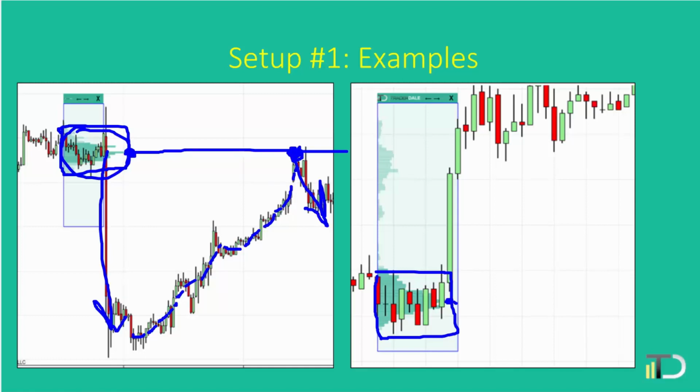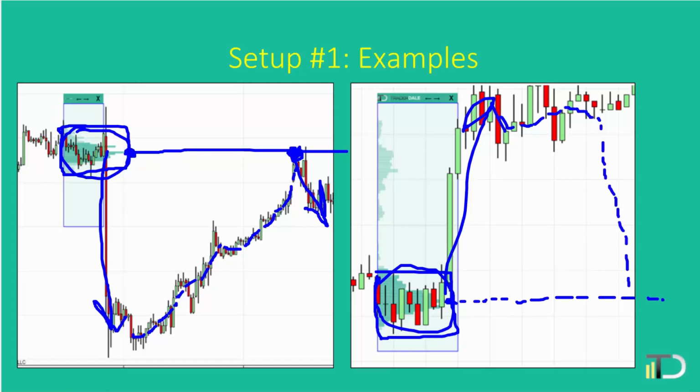So you draw a line, and you wait. You see that there was a strong buying activity, so you know that those volumes were volumes of strong buyers. So you are waiting for a long trade. And when the price returns to this area where the volumes were the heaviest, you go long from there. And that's it.